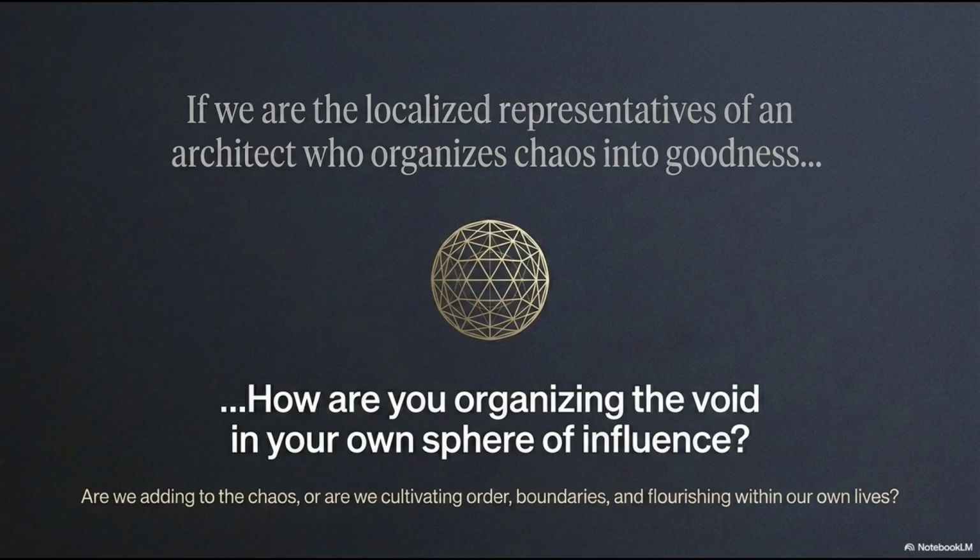So if we are the localized representatives of an architect who organizes chaos into goodness, does that imply that the ultimate human role described here is to continually organize the chaos in our own lives, our own communities, and our own spheres of influence into structured, flourishing goodness? Are we adding to the chaos of the void? Or are we cultivating order and goodness within our own boundaries? It completely reframes how we view our daily responsibilities. It really does, something to seriously think about.